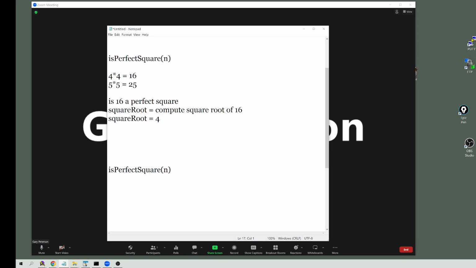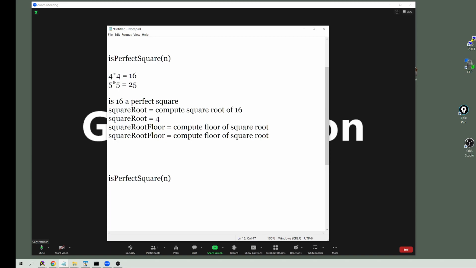We can say the square root floor, to be explicit, equals compute floor of square root. All right, so what do we have? In this case the square root is 4, so the floor would be 4.